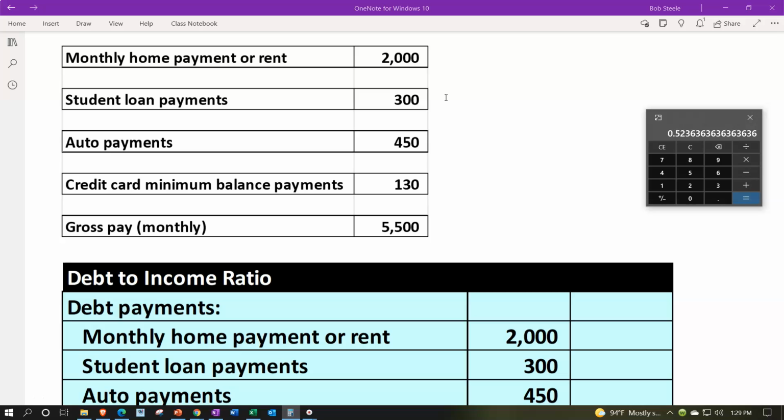But we can compare on a ratio basis, and notice that's what banks have to do. If a bank is looking at a loan, how are they going to deal with multiple different people to determine whether or not you can pay back the loan, which is what they're trying to determine? If you can pay back their loan, they're happy. They want to give you a loan because they want to get the interest income on it. But how can they possibly determine this for multiple different people, all who have different circumstances?